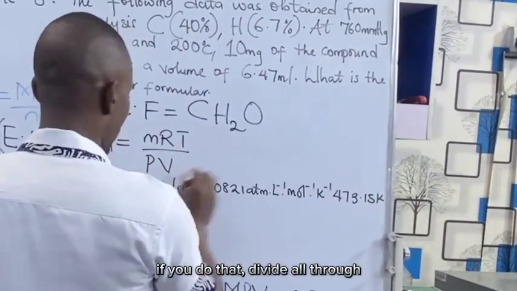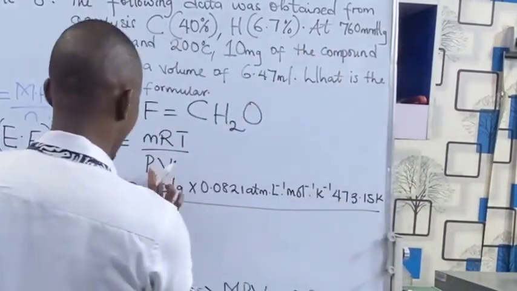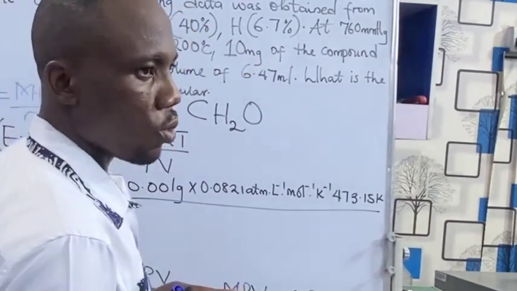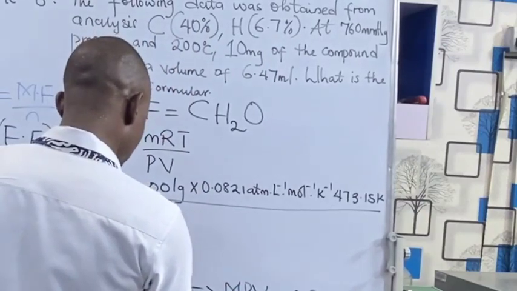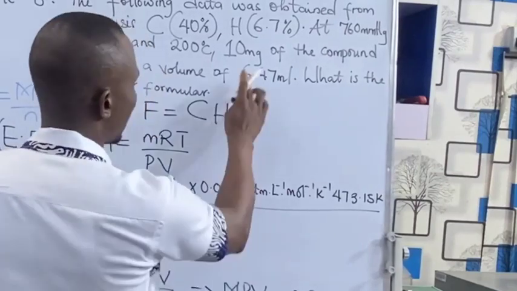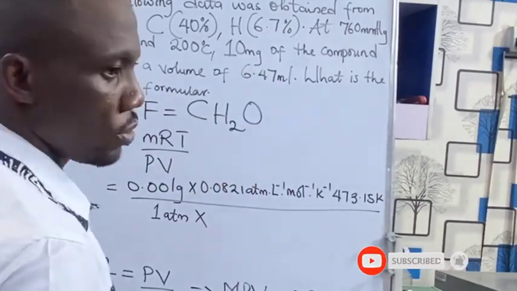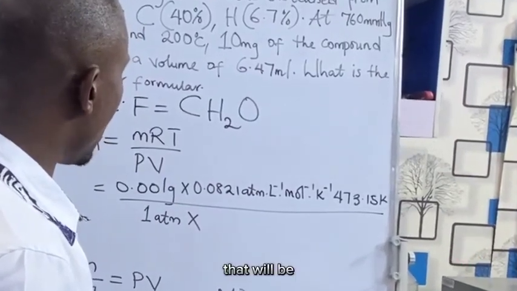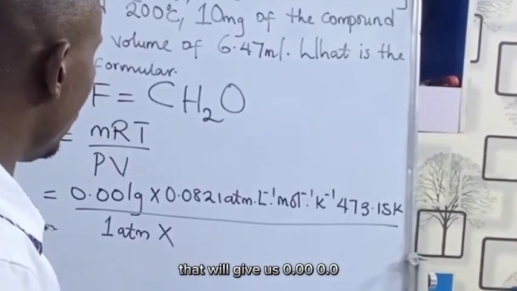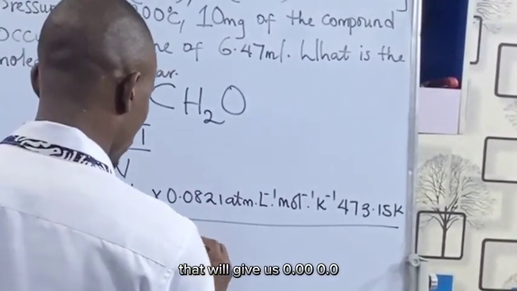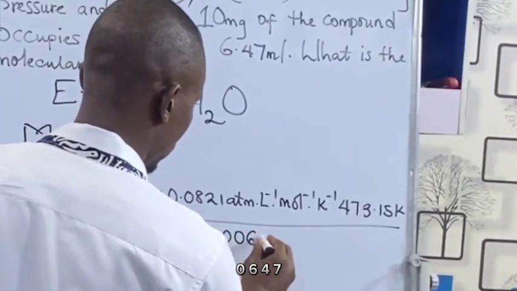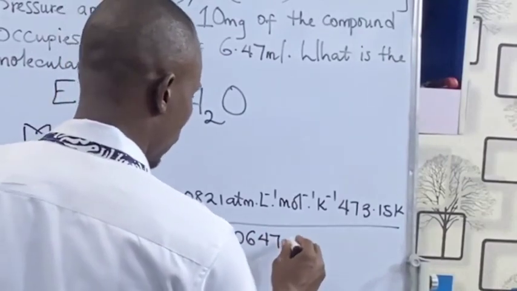You do that, divide all through. Of course, our pressure there is 760 millimeters of mercury, which is directly equal to 1 atm. So we have 1 atm pressure there, of course, times volume. Convert our volume there from mL to liters or dm³, you are going to divide that by 1000. That will give us 0.000647 liters.